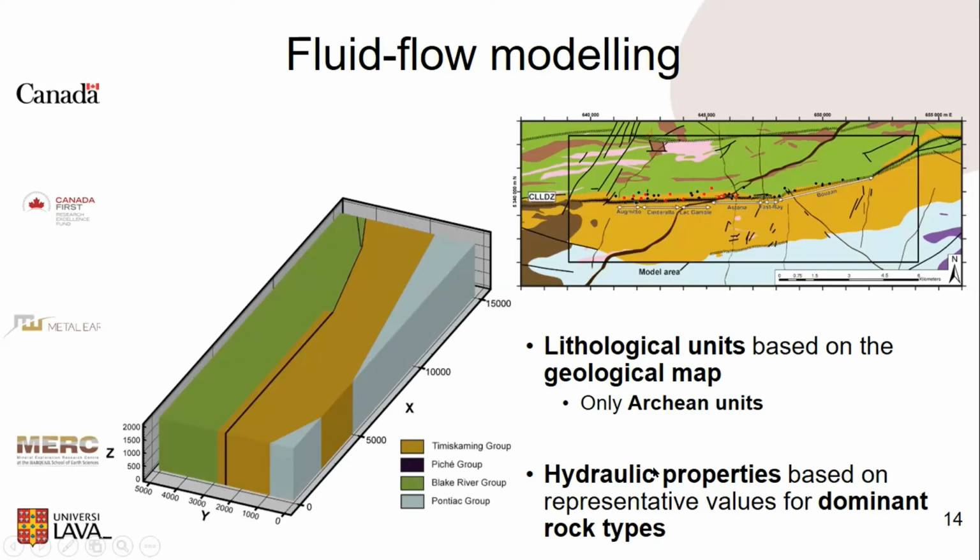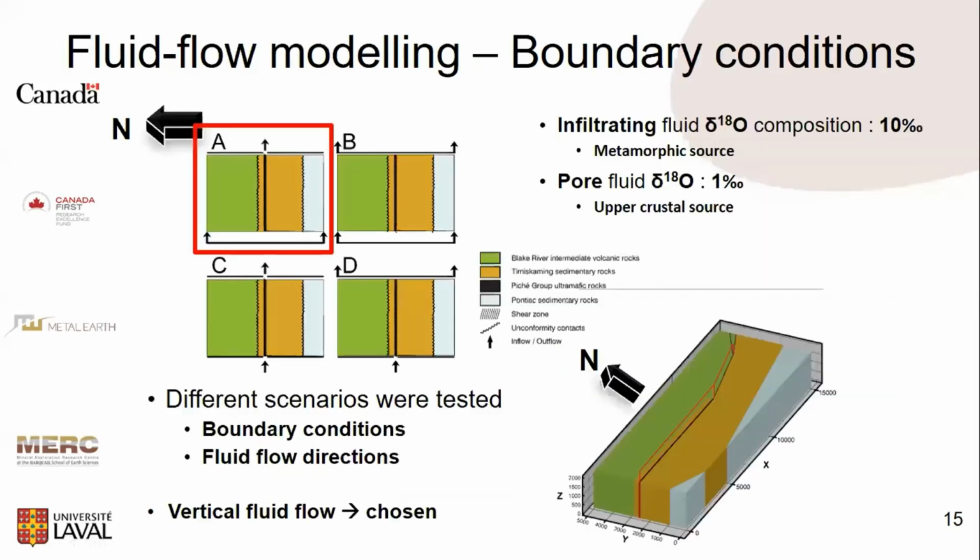And we assigned hydraulic properties to each unit based on representative values for dominant rock types. So, for example, for the Timiskaming and Pontiac groups, we assigned sedimentary rock and greywacke hydraulic properties. Pichet group was given komatiitic schist properties, and Blake River group was given andesite or volcanic rock properties.